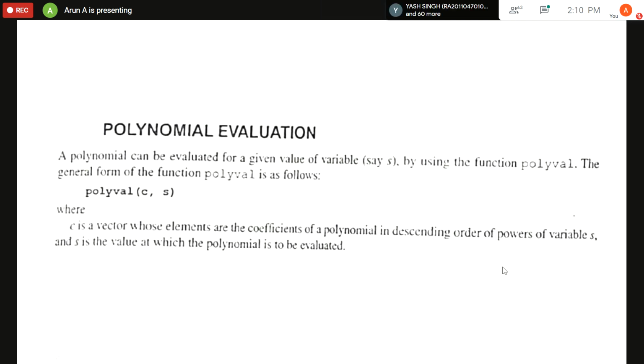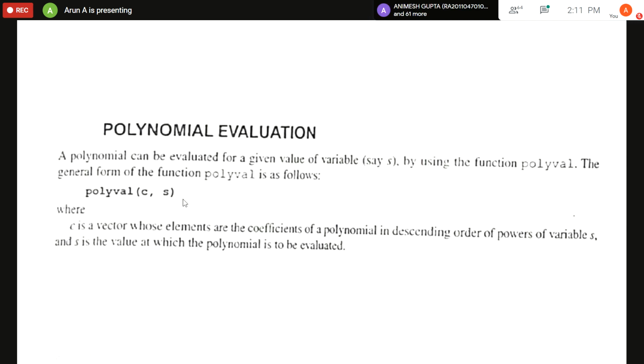You know what a descending order is, isn't it? Imagine there are powers of 3: x cubed, x squared, x. So c is the vector in the descending order on power of variables, and s is the value at which the polynomial is to be evaluated. So c indicates the coefficients and s indicates the value, and the command for the polynomial is polyval(c, s).